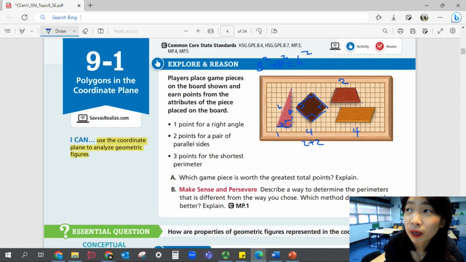So h is equal to the square root of 9 plus 64, which is the square root of 73. That's going to be between 8 and 9. So you can approximately say 8 plus 3 plus something between 8 and 9 will give us about 20 as the perimeter for the triangle.